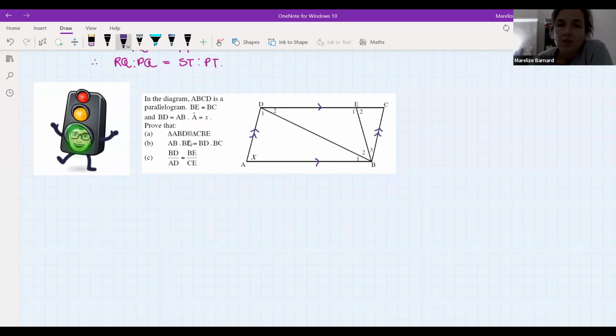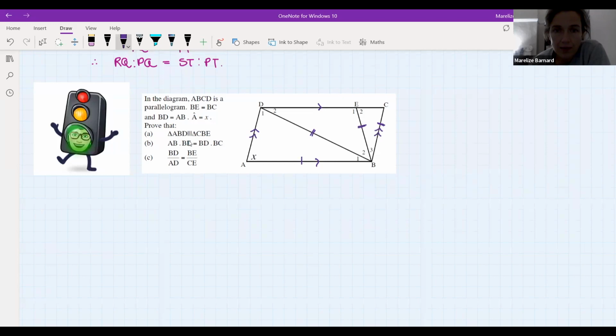Okay, so that's great. I love parallel lines because they just give us angles that are equal. Next part is that BE is equal to BC. BE, this one here, is equal to BC. And then it also says that BD is equal to AB.